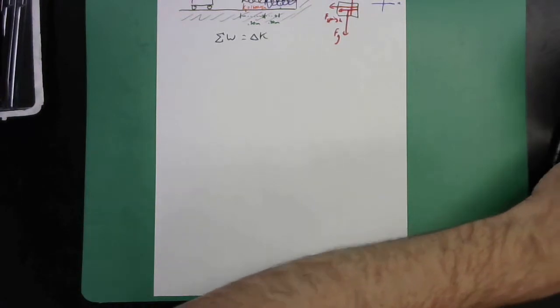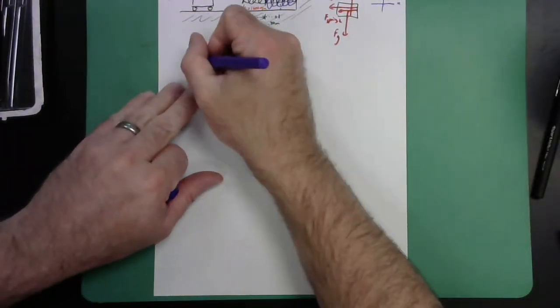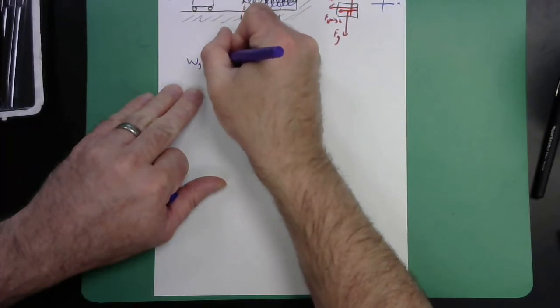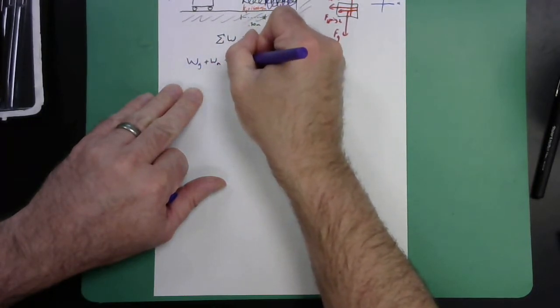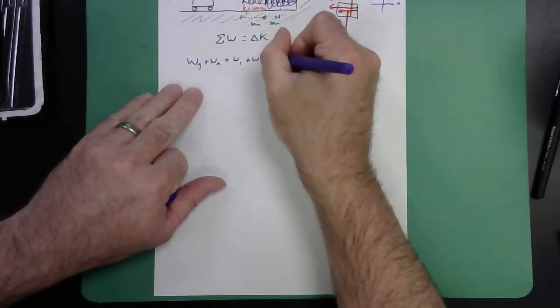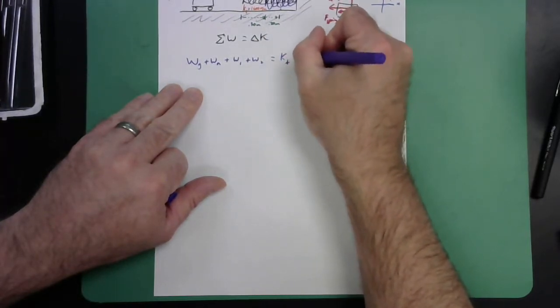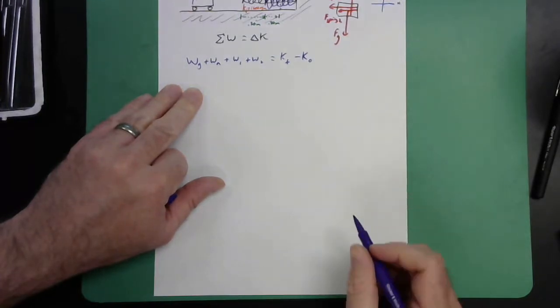Sure it is. So running through, technically there'd be work by gravity plus work by normal plus work by spring 1 plus the work by spring 2 are going to equal delta K. That'd be the final kinetic energy minus the initial kinetic energy. These are capital Ks, the kinetic energy terms.